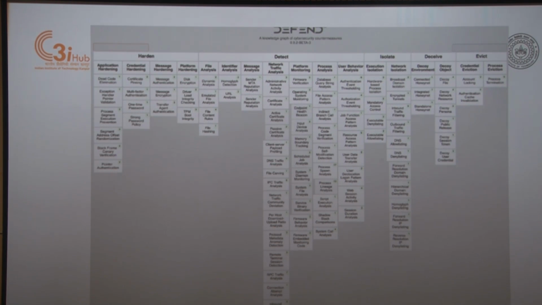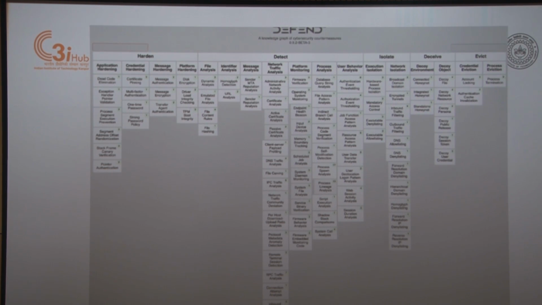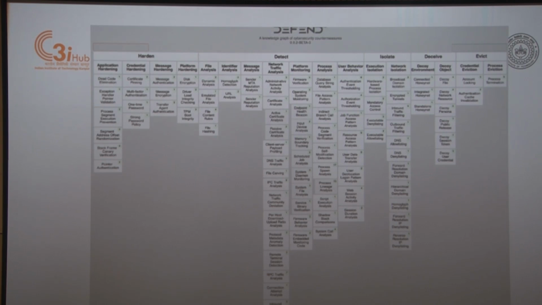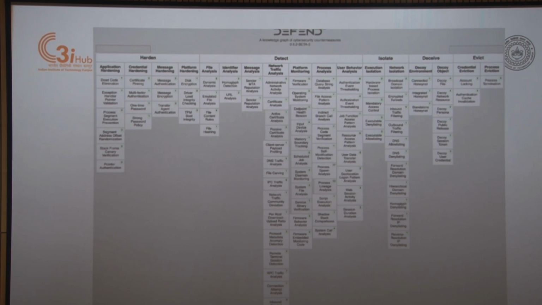You have to isolate a system only after you detect that there has been an attack. Similarly, you cannot evict unless you detect, right? So there is some temporal relation between these tactics, but normally we treat this as a knowledge base, and from a knowledge base point of view, we say that okay, these are 5 tactics, and then there are sub tactics, right?